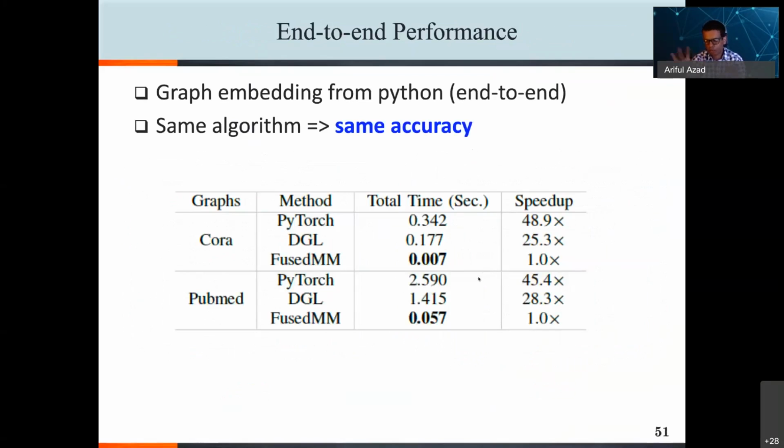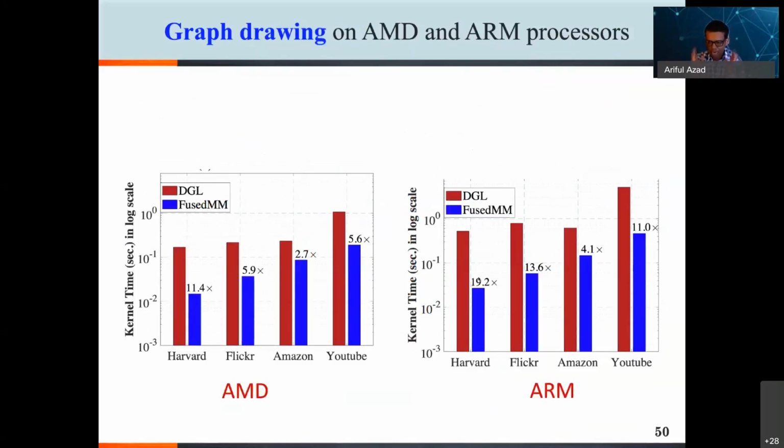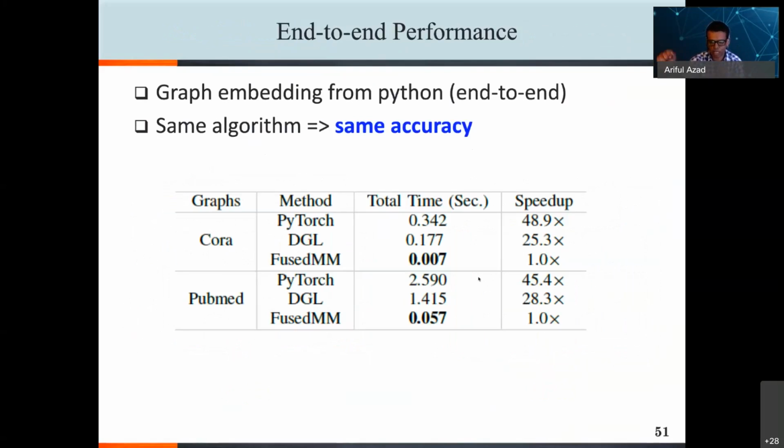And so far, I only discussed the kernel part. So when we consider FusedMM or SDDMM plus SpMM, I discussed the actual timing of that kernel measured from the Python interface. But when you consider end-to-end performance, like if I run a full graph embedding algorithm, we can still see that the performance improvement when you use FusedMM is sometimes 25x faster than Deep Graph Library.